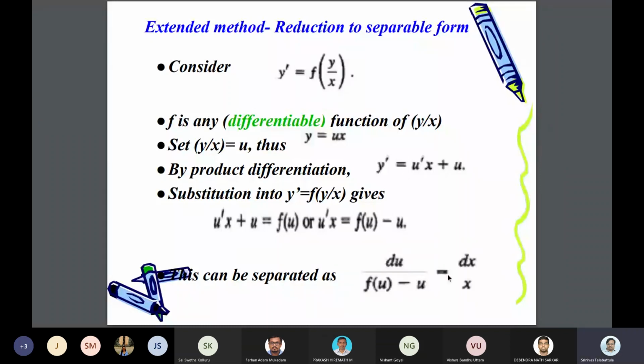Now, if you separate out u terms on one side and x terms on the other side, you have very nicely du by (f of u minus u) equals dx by x. Now you can integrate both sides. That's a trick. Sometimes these are called homogeneous equations, a term which we would like to reserve, but sometimes these are called homogeneous differential equations. So terminology, you should be very careful.